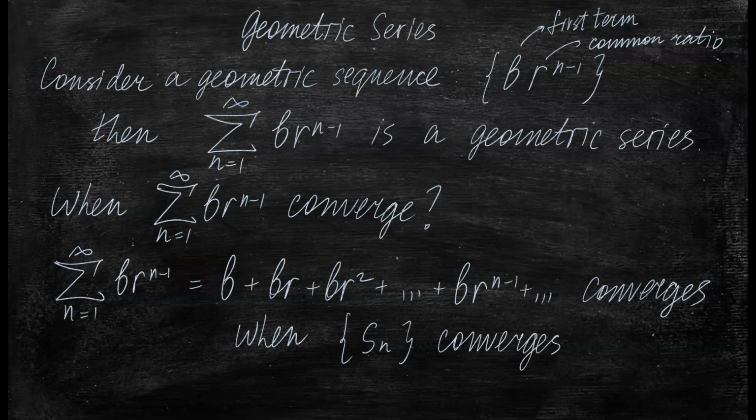So if we know the formula for the sequence of partial sums, then we can tell whether this series converges or not. So the goal is to figure out the formula for the sequence of partial sums.